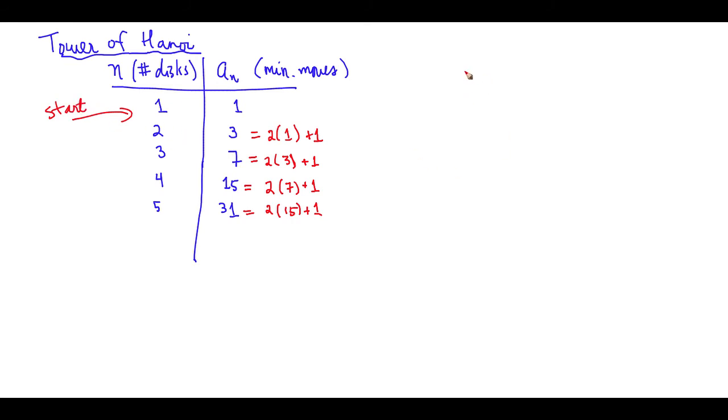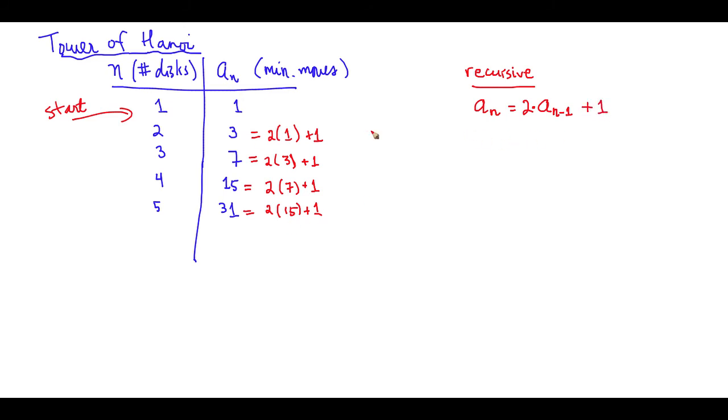So the recursive definition for this Tower of Hanoi sequence is fairly simple. For any a sub n, any minimum number of moves, if you want to know the minimum number of moves for n discs, you take the minimum number of moves for n minus 1 discs, multiply that by 2, just as what we're doing here, and then add 1 to it.